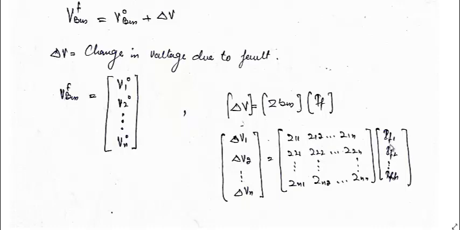This will be the change in the current in the buses. Let us say it is IF1, IF2, IFn. These are the fault currents that may be injected into the different buses due to the fault. We'll see whether it will be or it will not. And keep in mind, this is the injected current into the bus.